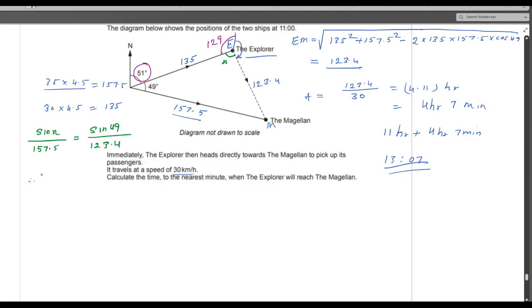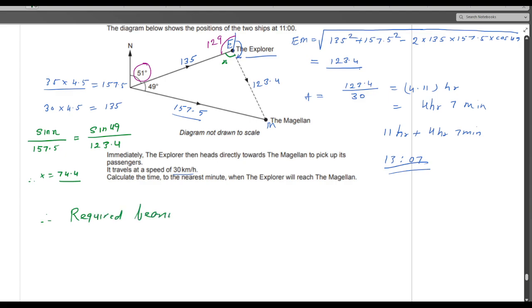So from here I can work out the value of x, which is sine of 49 divided by 123.4 times 157.5. And I will take the sine inverse of this. The sine inverse of this gives me 74.4. So your x is 74.4 degree.